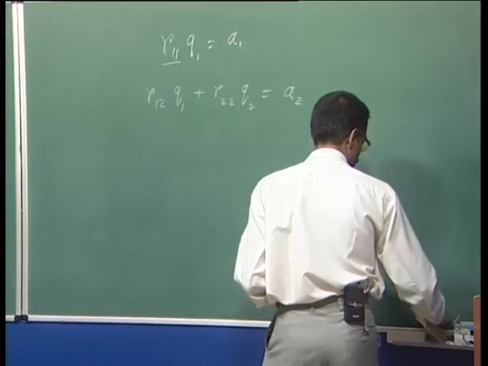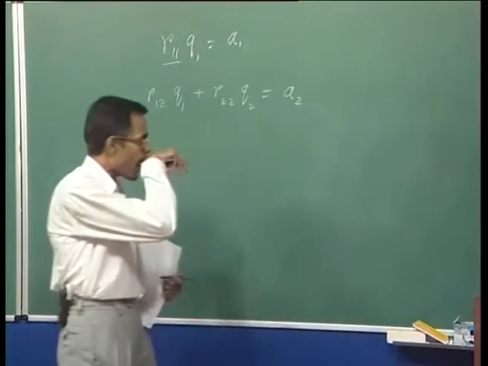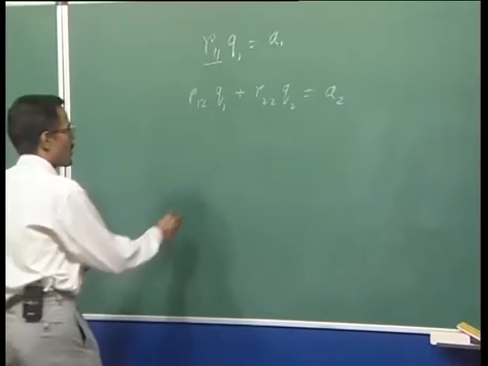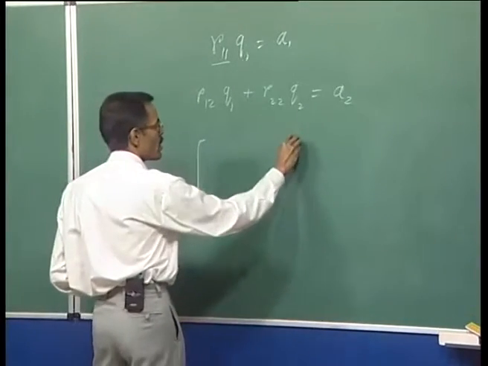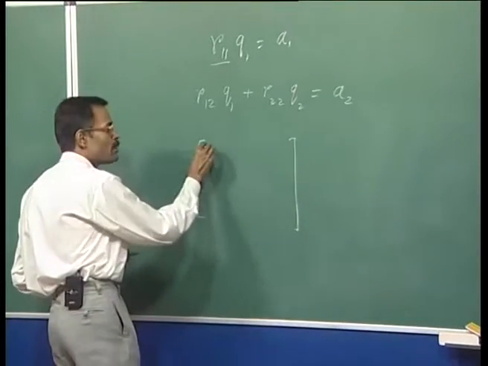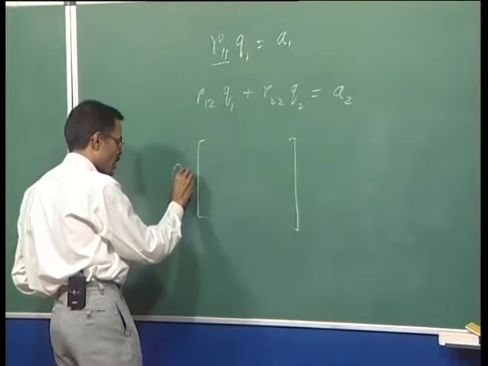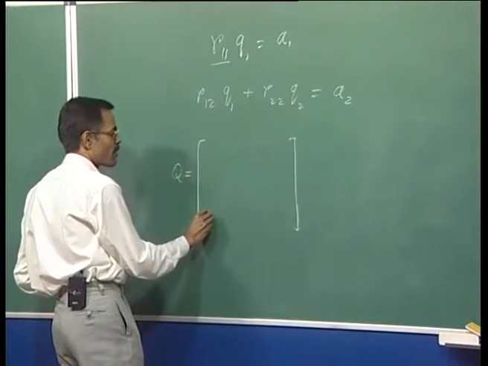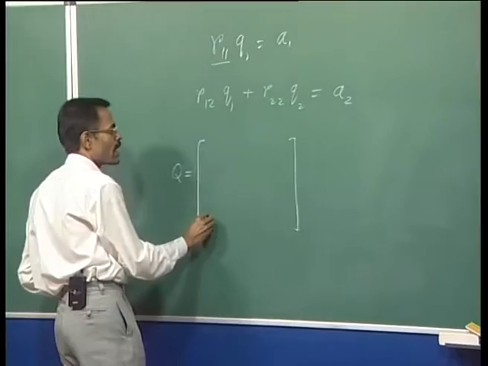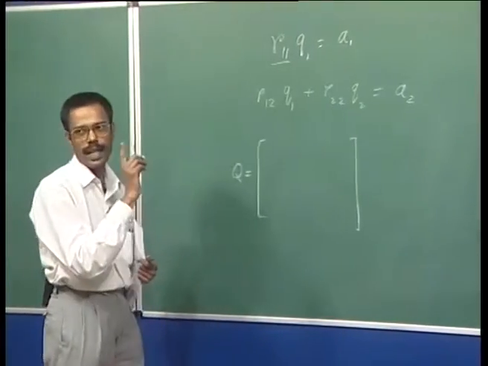Second is, if A is in upper Hessenberg form, then A prime is also in upper Hessenberg form. That you can see very easily, because in the factorization of A into Q and R factors, the first column of Q1 must be in the direction of A1.